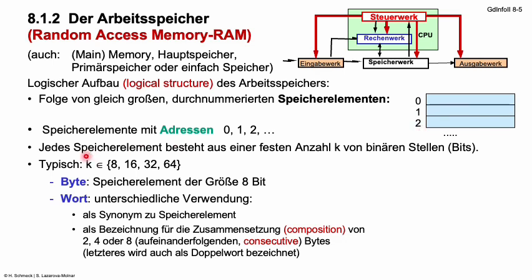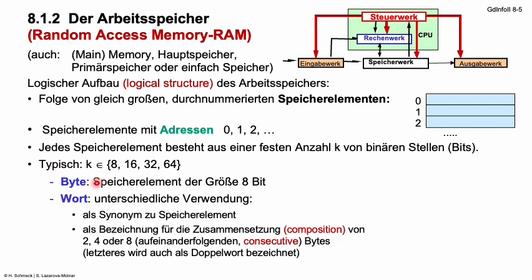Every memory element consists of a fixed number k of binary places, or bits. Typical numbers for k are 8, 16, 32, or 64.